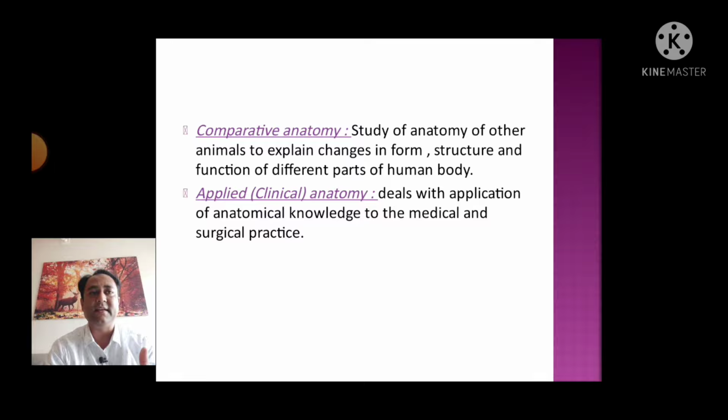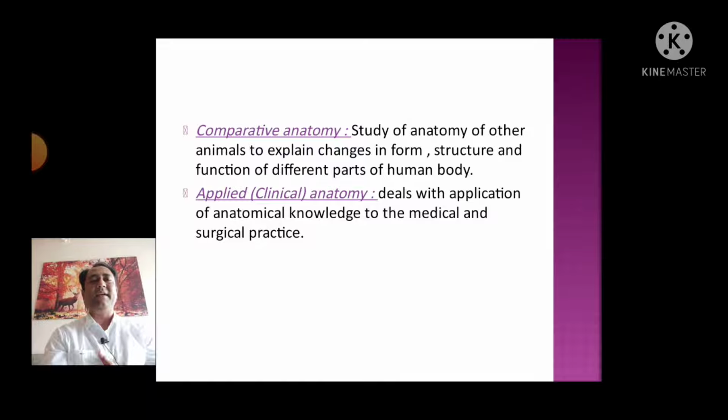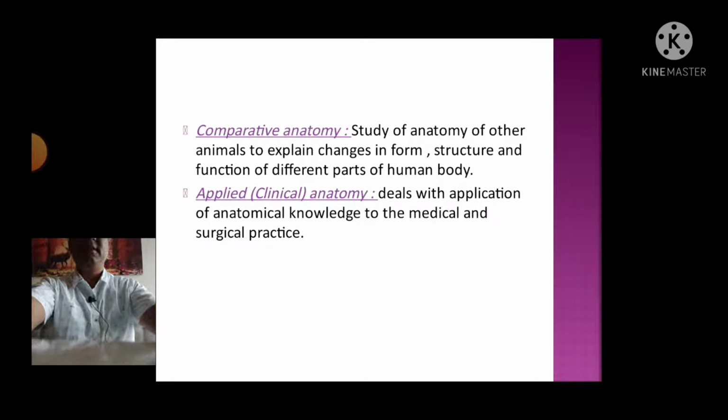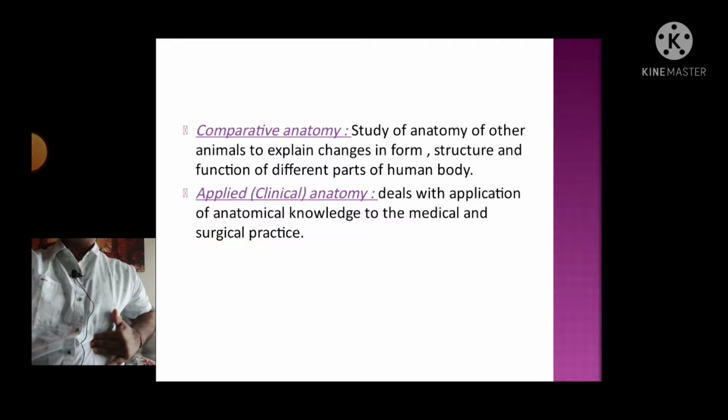Anatomy का जो knowledge है उसको हम routine practice में, medical और surgical practice में जब apply करते हैं तो उस टाइप की स्टडी को अप्लाइड एनाटॉमी या क्लिनिकल एनाटॉमी बोलते हैं, राइट. फॉर एग्जांपल, आपको पेट में राइट साइड चेस्ट के नीचे मीन्स दर्द हो रहा है यहाँ पे, ठीक है. I will show you the location. If you have a pain over here, right, just below the right chest over here.